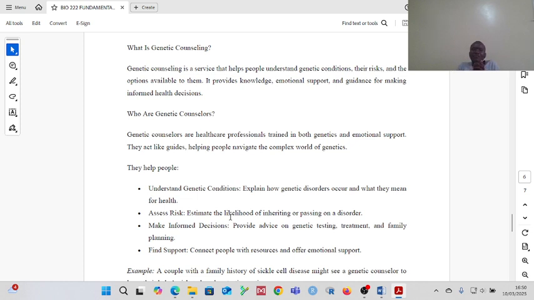The third way through which the genetic counselors help people is they help people to make informed decisions. Once you've been assisted with the knowledge, it's upon you to determine what to do. So they advise you, then whenever you decide on any action, you are deciding after you have information. So that's what we call the informed decision.